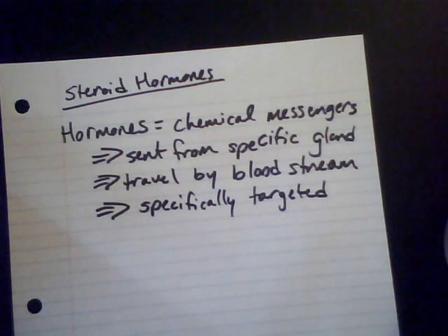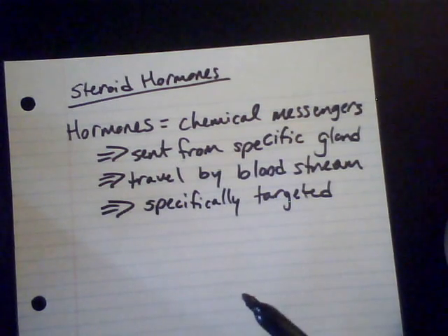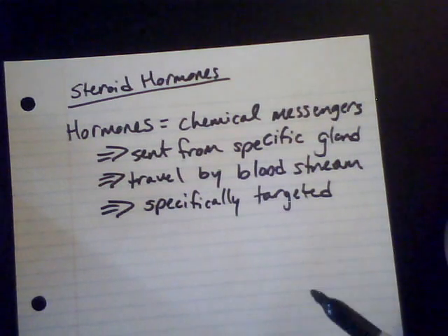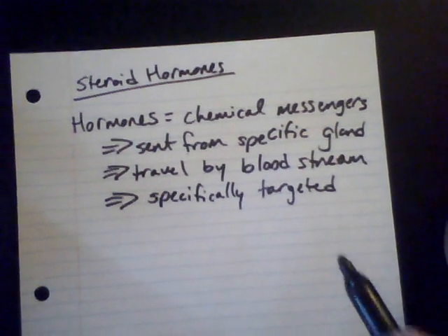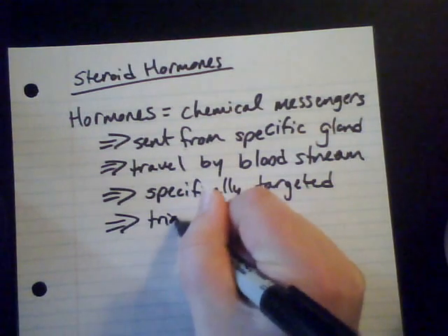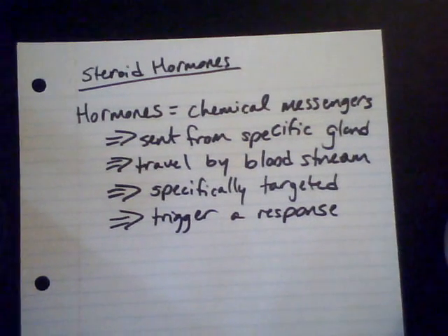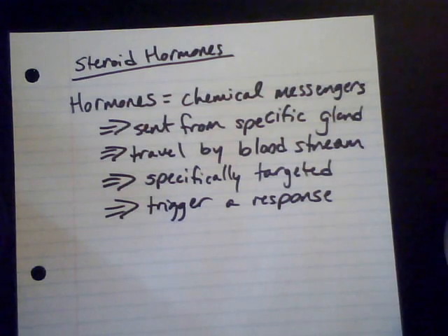And these hormones know where they're going because of specific signals that they have on their particular structures. And the thing that they do in the tissue that they're targeted towards is based on that shape. Okay, so once they get to that particular organ or gland or tissue or whatever it is that they're going to, then they trigger a response. Whatever that response is. And that response is going to be based on the shape of the molecule fitting into the receptor that it's meant to go into.